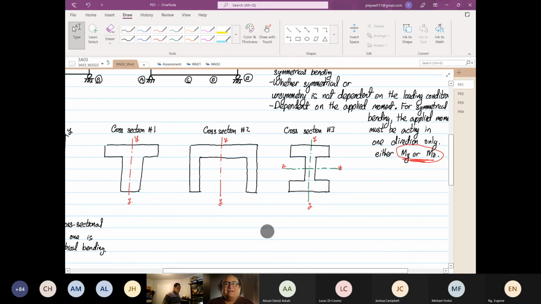Now, let's look at this cross-section. By looking at all of them, all of them are under symmetrical bending. All of them. So some of you say, oh no, why is this?